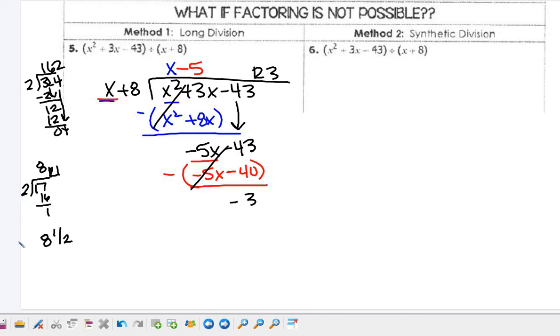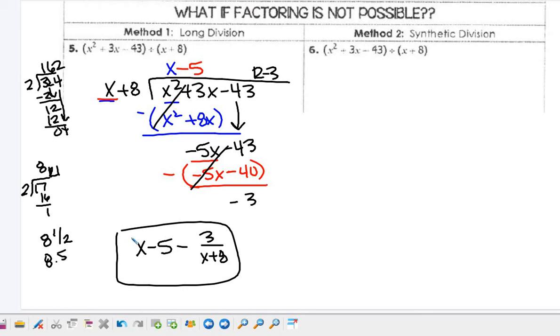And then you learned to add a decimal and add a 0 and keep going, that this is equivalent to 8.5, right? So this can be written like this with a remainder of negative 3. This can also be written as x minus 5 minus 3 over the divisor, which is x plus 8. Okay?